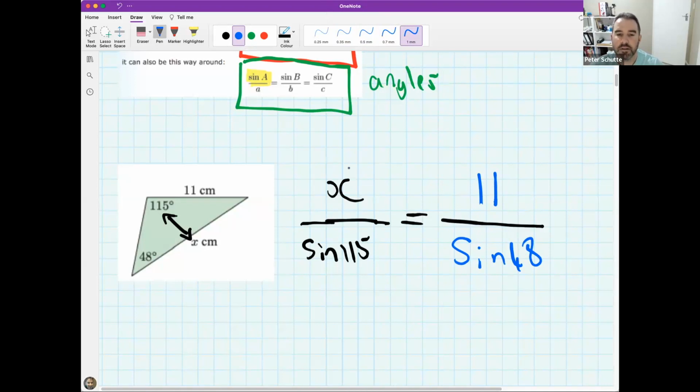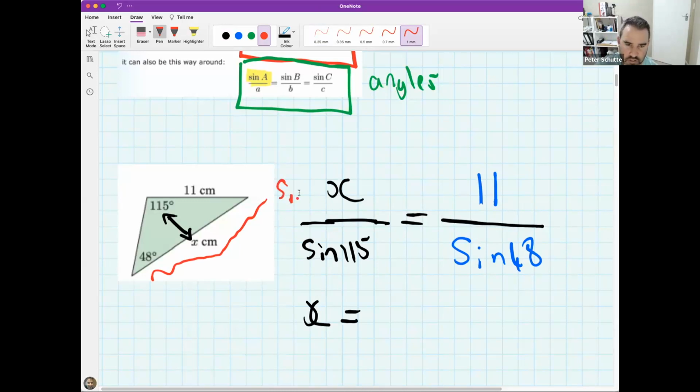Okay. But now I want you to think, what is the value of x going to be if I have to move things around and get a value for x? What's going to be the value of x, the length that I'm looking for? What do I have to do in order to get the x by itself?